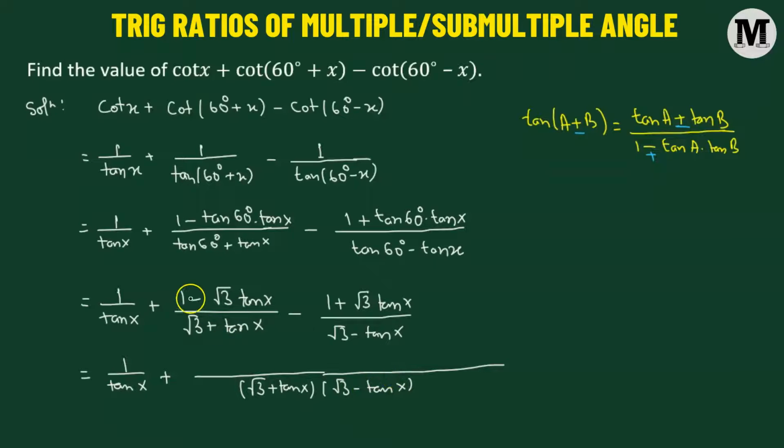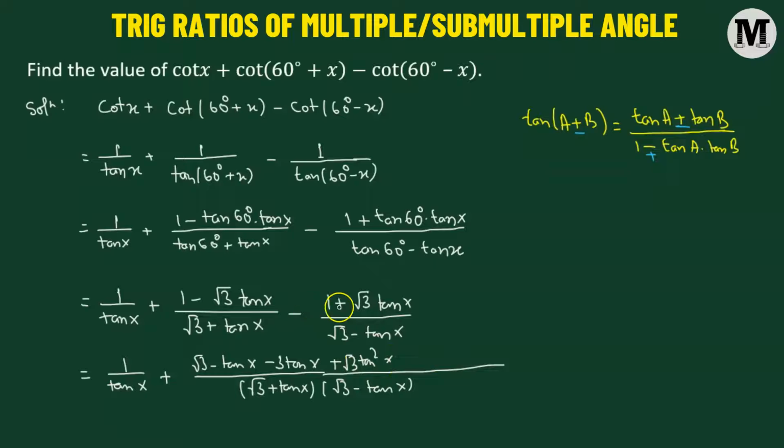Now in the numerator, the first term will be the multiplication of the numerator of the second term and the denominator of the third term. So we should get square root of 3 minus tangent of x minus 3 times tangent of x plus square root of 3 tangent squared x.